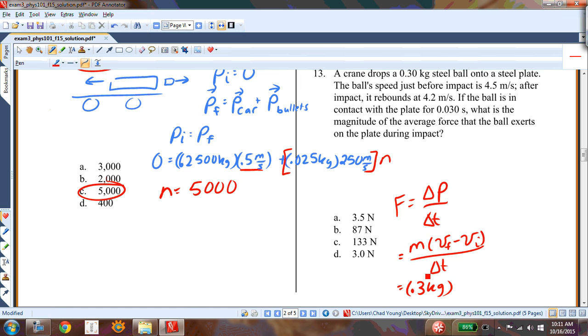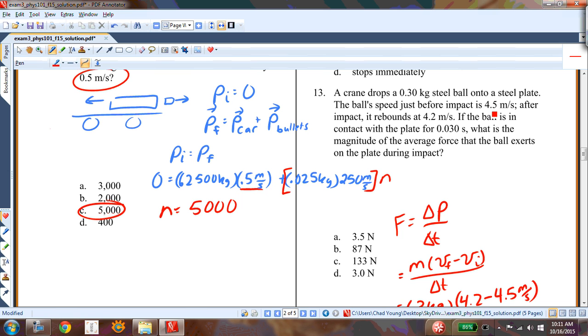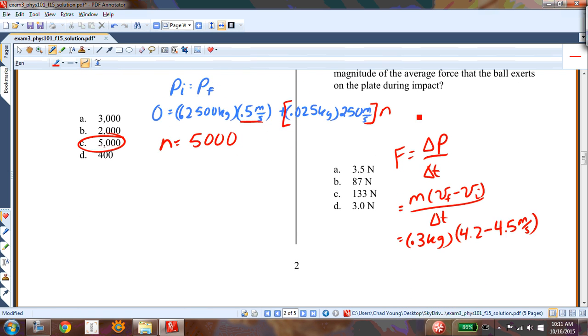VF is 4.2. VI is minus 4.5 meters per second. Right, it's going down initially, so that's negative, and then it comes back up again. And the time was 0.03 seconds.